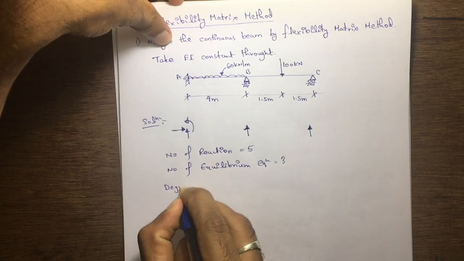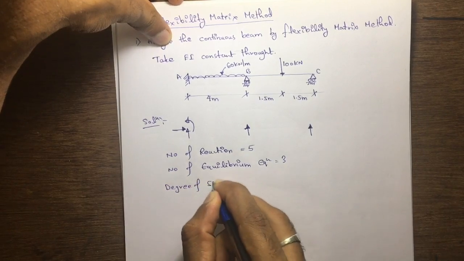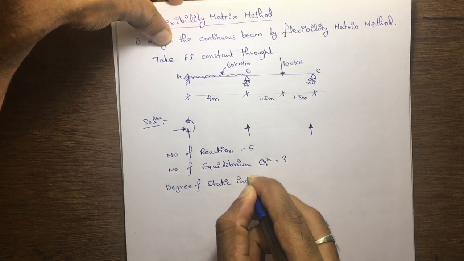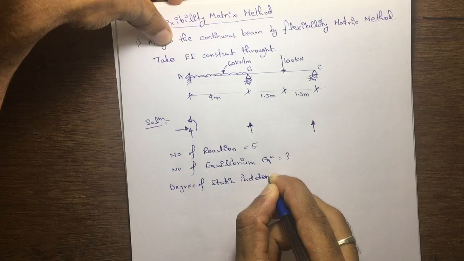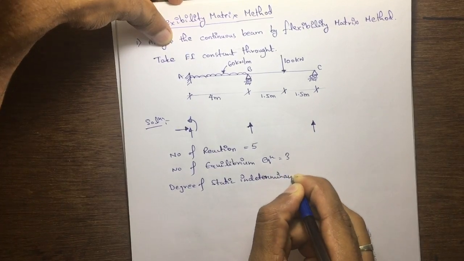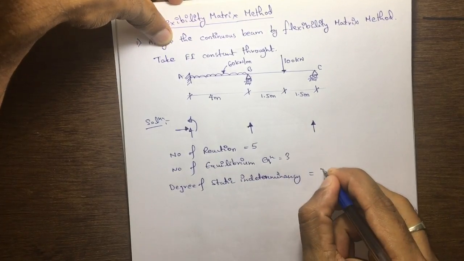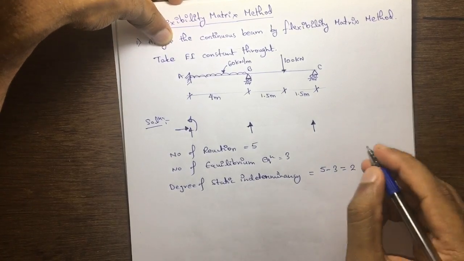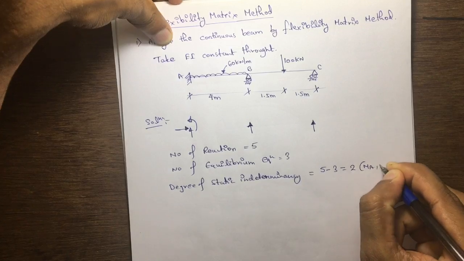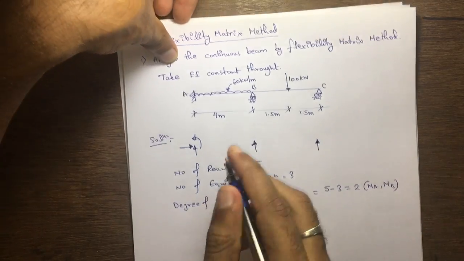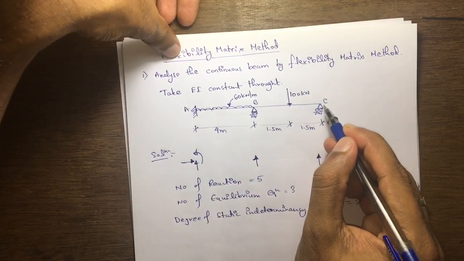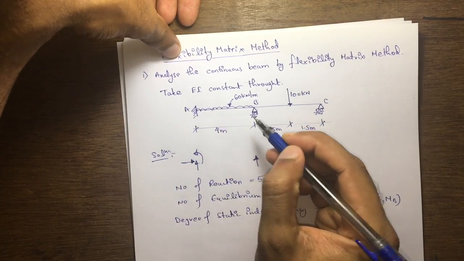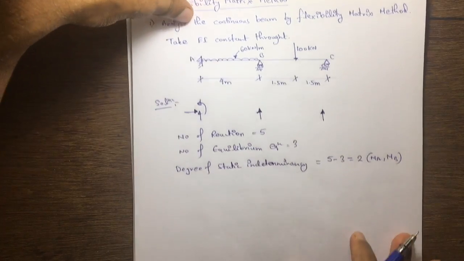Therefore the degree of static indeterminacy is equal to number of reactions minus equilibrium conditions, that is 2, that is MA comma MB. So obviously MC is equal to 0, MA is unknown, MB is unknown.